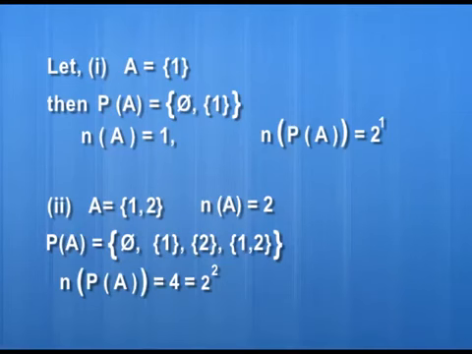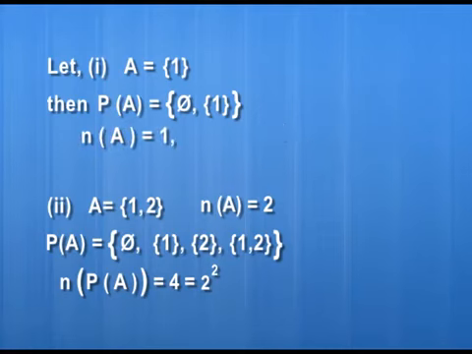Let A be a set having only one element, then the power set will be having 2 elements, phi and this singleton set as we have just learned. Number of elements in set A is 1, number of elements in power set is 2.